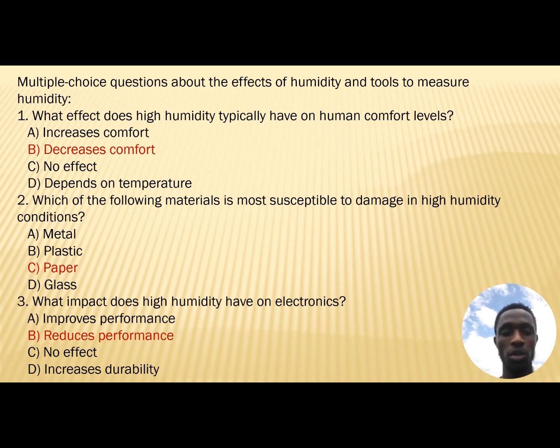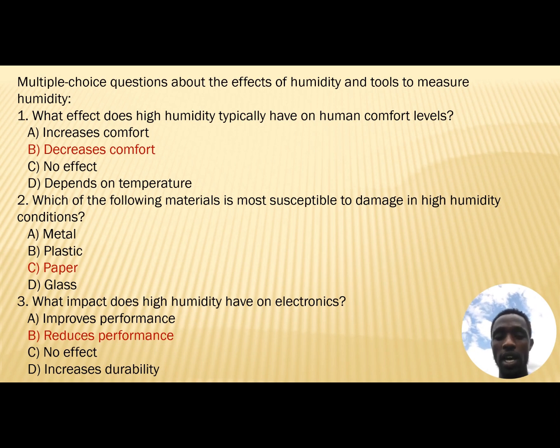Okay, so we are going to see some multiple choice questions about the effect of humidity and tools to measure humidity. First question, what effect does high humidity typically have on human comfort levels? The answer is decreases comfort. Second, which of the following materials is most susceptible to damage in high humidity conditions? The answer is paper.